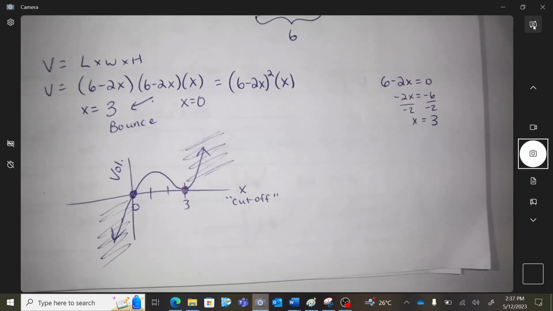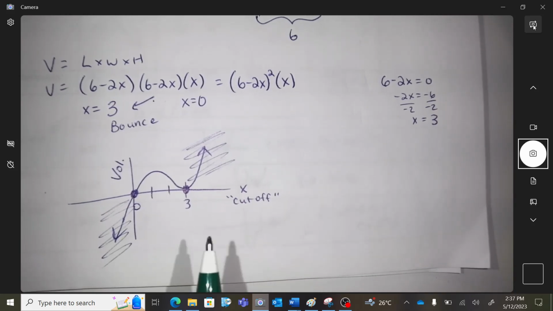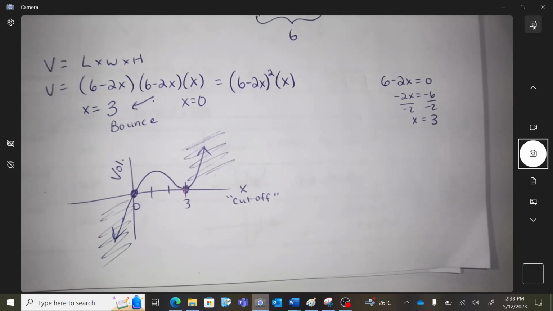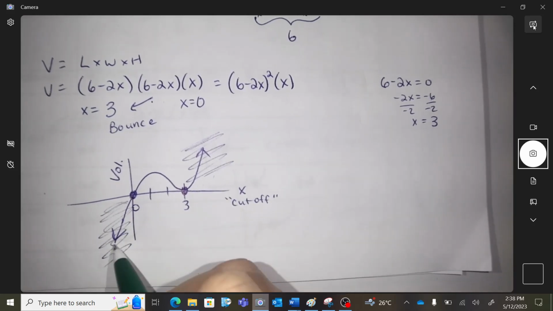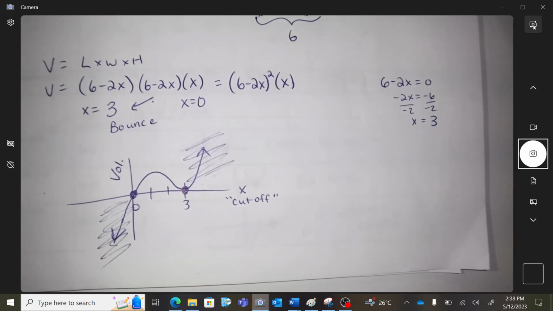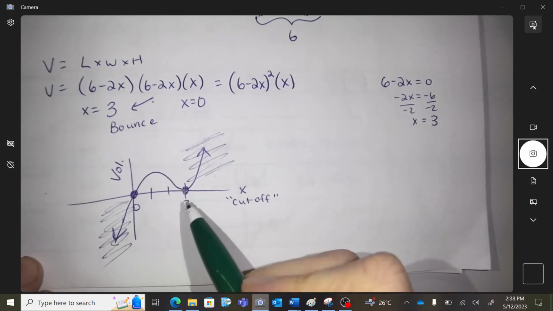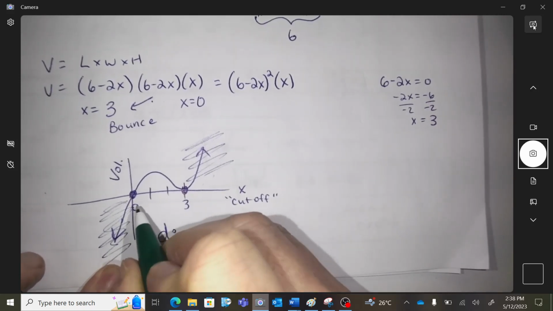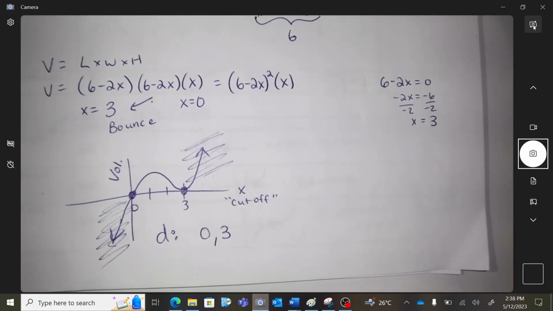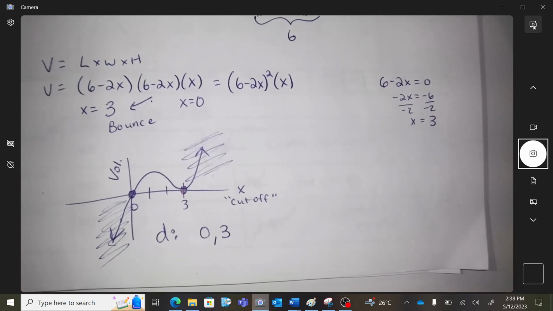Before the 0. Okay, so the paper says I can't be past 3, for example 4, because remember, your paper's 6. Can you cut 4 and 4 off your paper? No, you don't have enough paper. And can you cut off negative paper and have negative volume? No. Okay, so the domain goes from 0 to 3, but we have to be careful about our brackets.